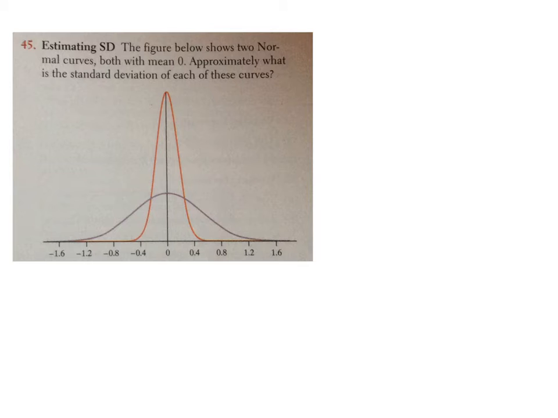This one's kind of fun, though you're probably not going to have to do this on a test. One thing that's interesting about the standard deviation is that one standard deviation away is generally where the curve changes from concave down to concave up. You're looking for where that change happens.